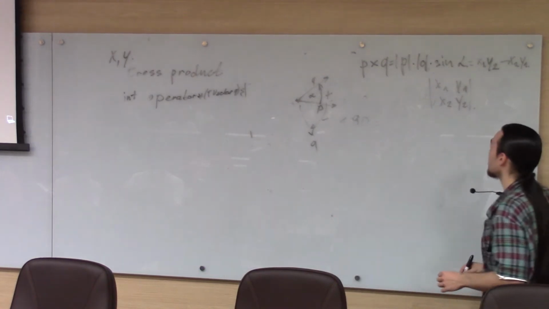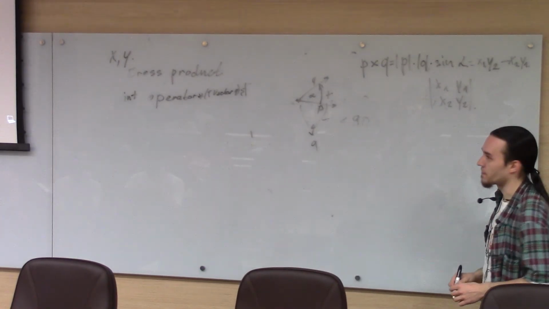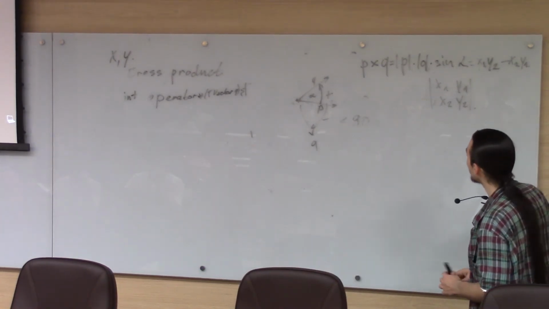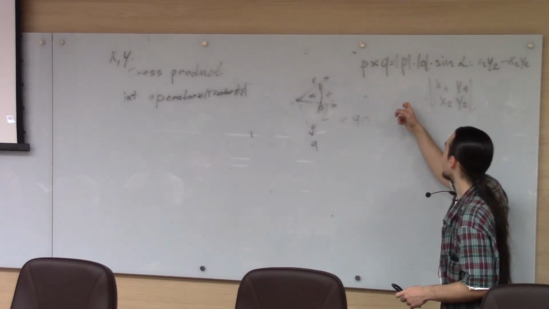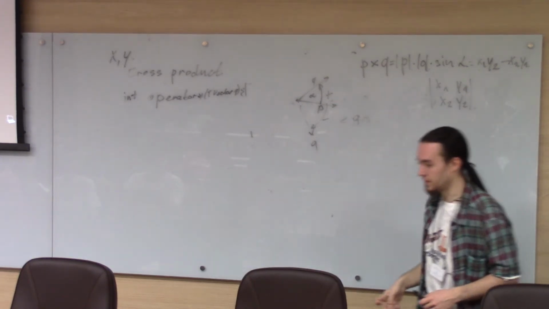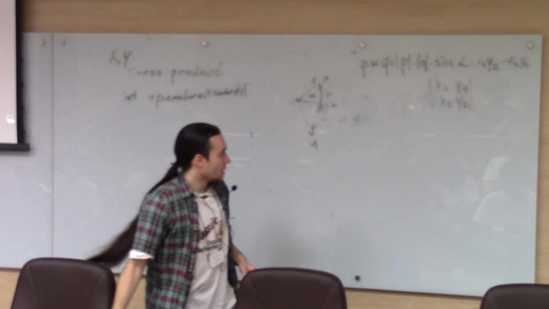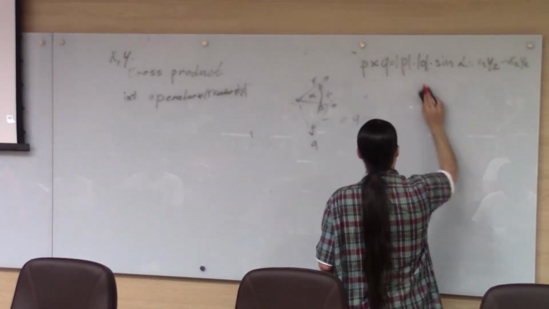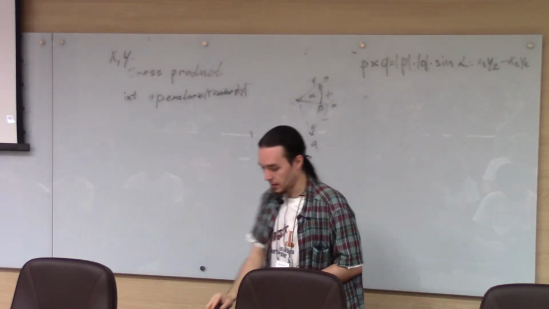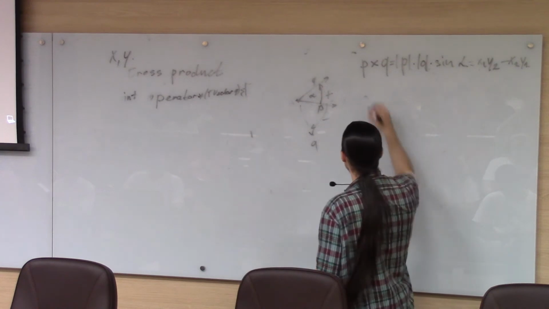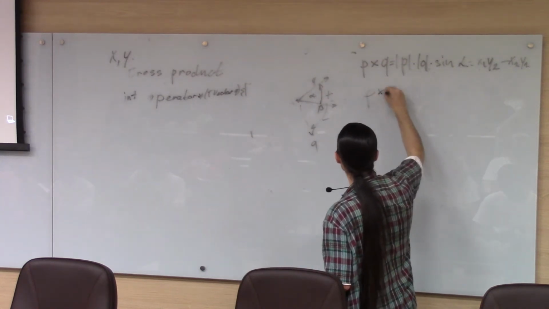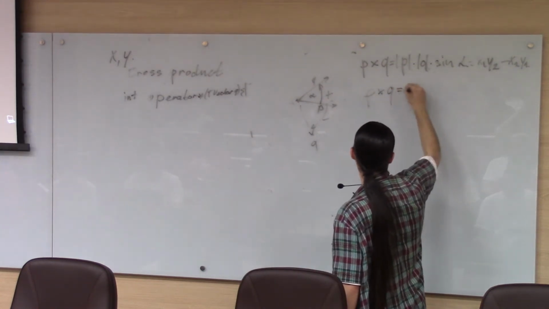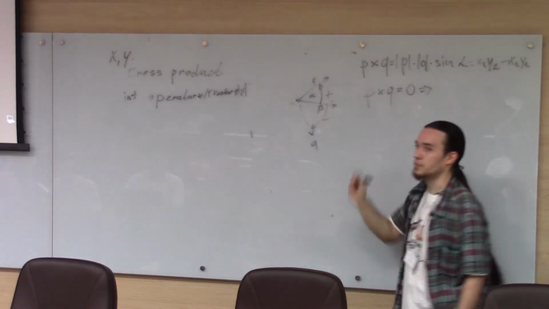Once again, let's see what kind of information we gain if we have the value of this number. Let's see what happens if P cross Q is equal to 0.